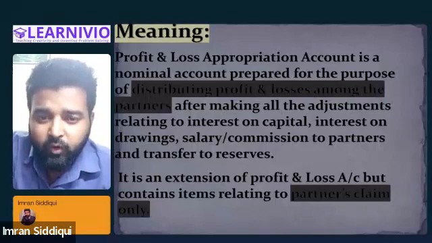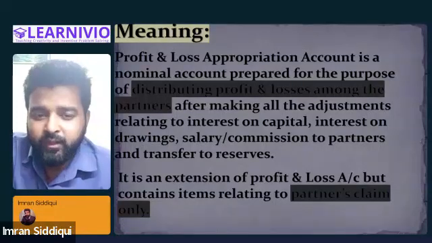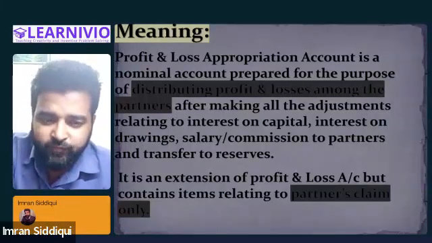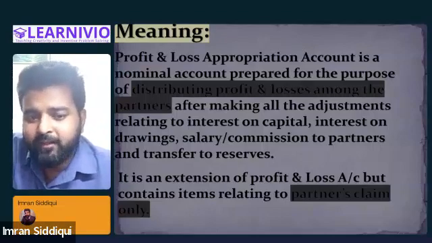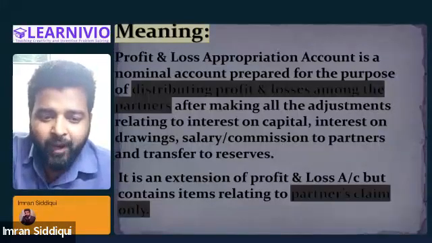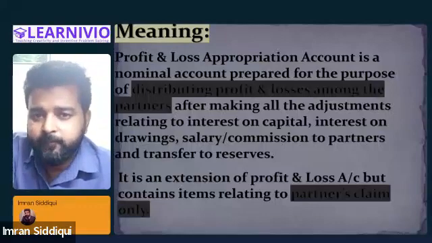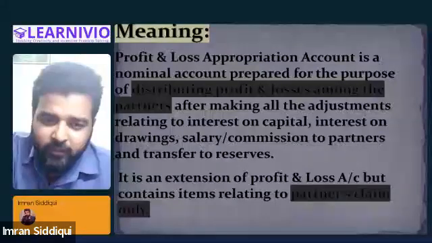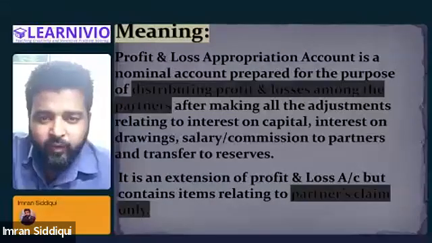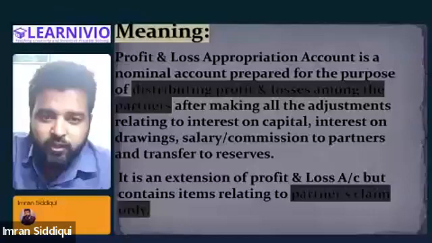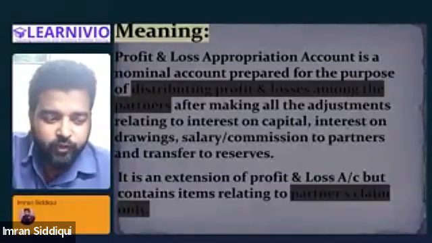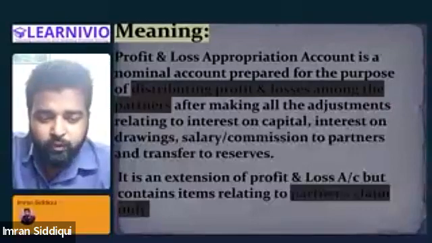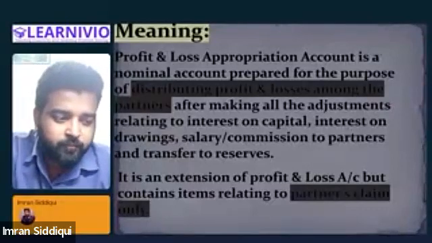On the other hand, the profit and loss appropriation account is specifically related to a partnership firm and contains income and expenses with respect to partners only. So it contains all the partners' claims only. The claim could be interest on capital, interest on drawing, or commission. All of these things can be there. It will be more clear once I make the format of the P&L appropriation account for you. But before that, I just want you to note it down. I hope this is clear, Vanisha.